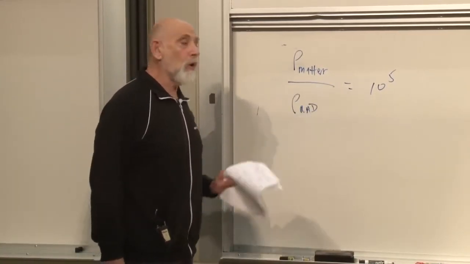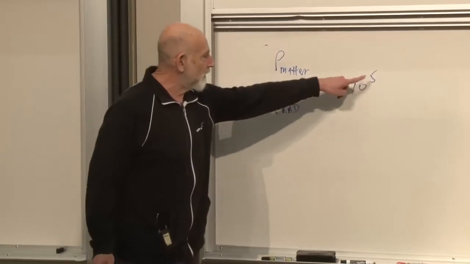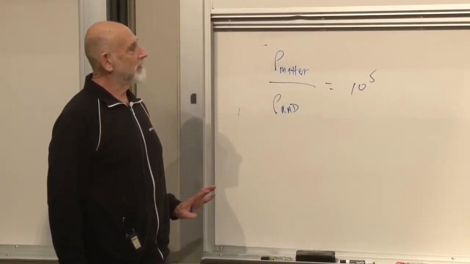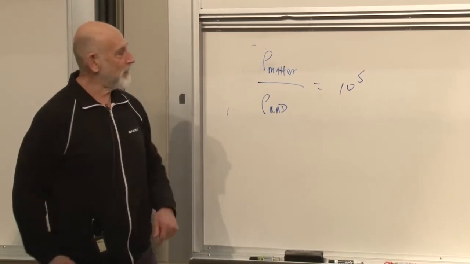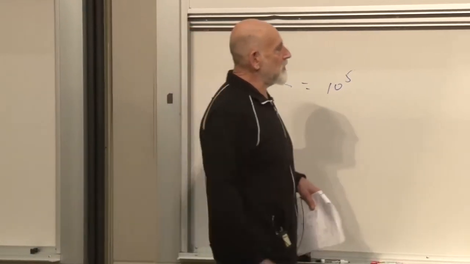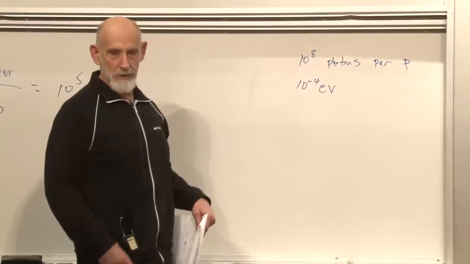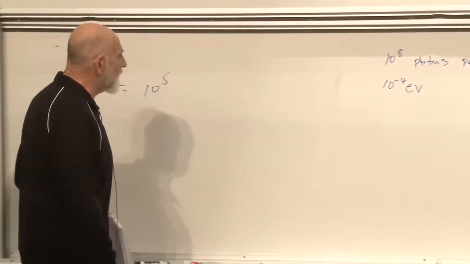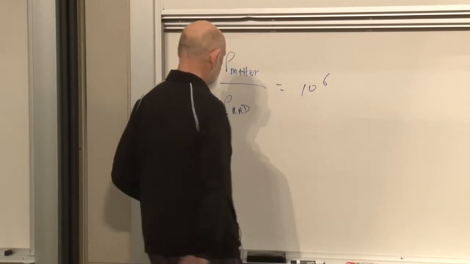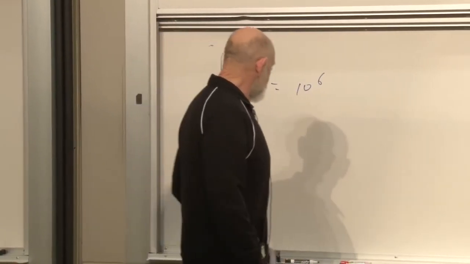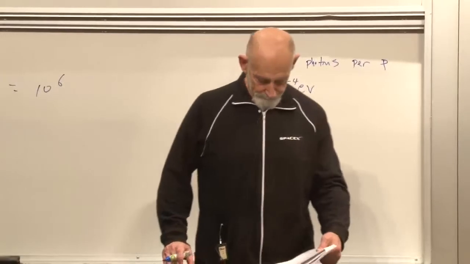How far back? Oh, this is incorrect. Why is this incorrect? I made a mistake. I forgot about dark matter. Dark matter has about 10 times as much mass as the ordinary luminous matter, protons, so this actually becomes 10 to the 6th. 10 to the 6th, ratio of rho matter to rho radiation.